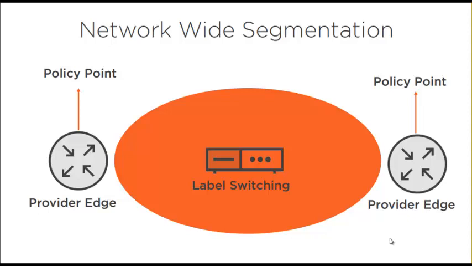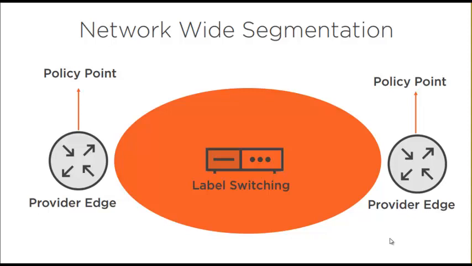So VPNs are isolated from one another. Every VPN has its own forwarding table. You can have one VPN for corporate traffic, one VPN for guest traffic, one VPN for maybe administration traffic. Various departments you've got, various types of traffic you've got.